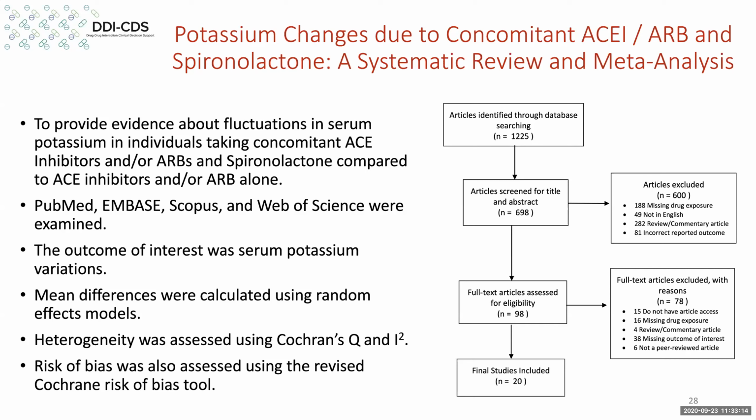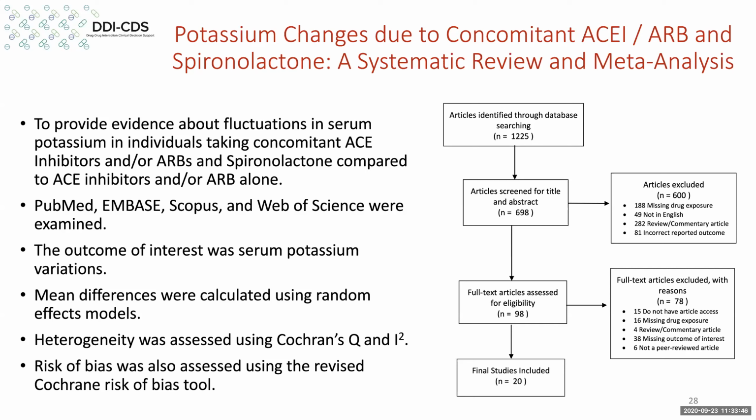I also conducted a sensitivity analysis to evaluate the robustness of findings, and this sensitivity analysis was performed using the leave-one-out approach. So every time that we run the analysis, we take one study out and we run the analysis again to see if there are some variations changing when leaving one study out.